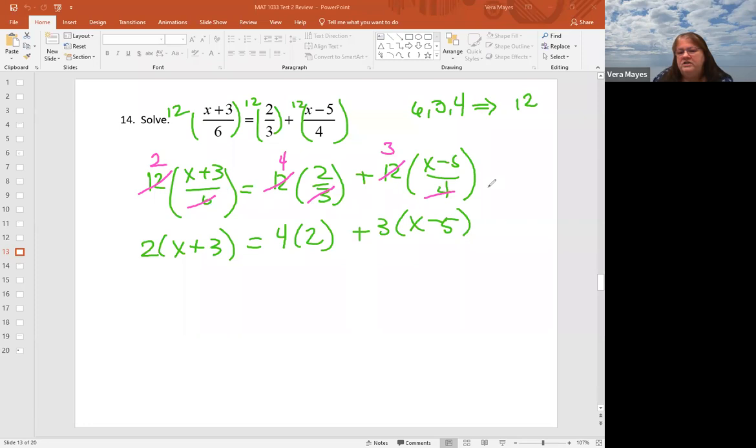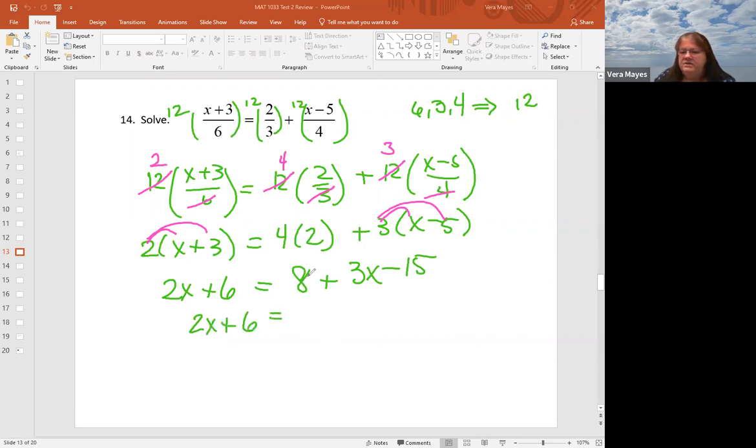So no more fractions, but we do have a bunch of parentheses. So let's go ahead and distribute and see what we have left. So 2x plus 6 equals 8 plus 3x minus 15. I can add some things on the right-hand side that are like terms, 8 minus 15. So 3x minus 7.